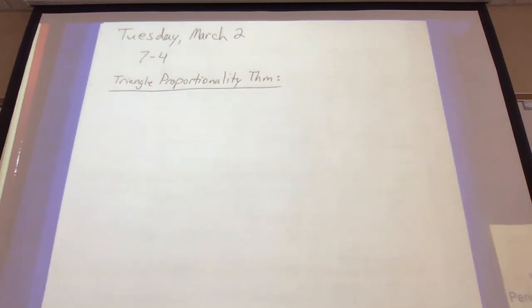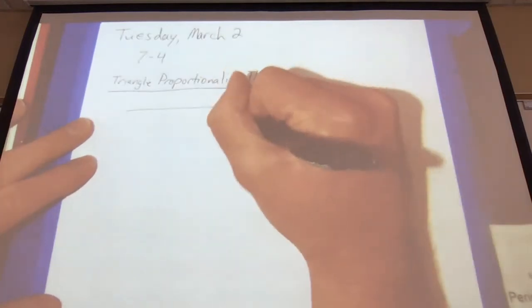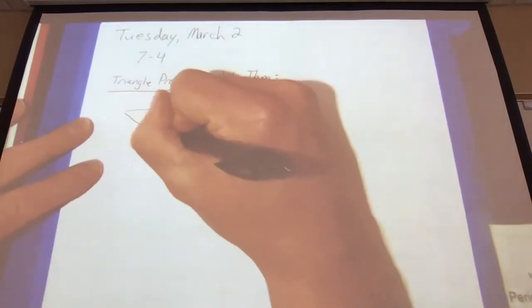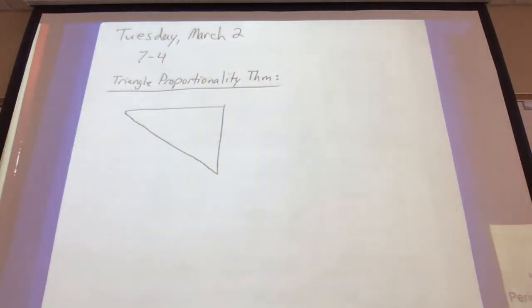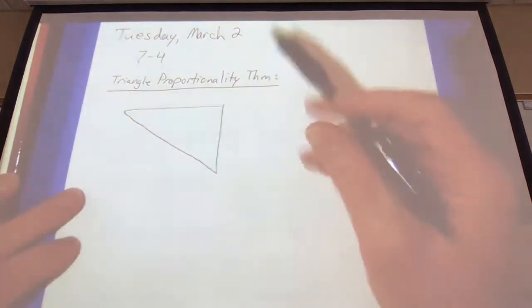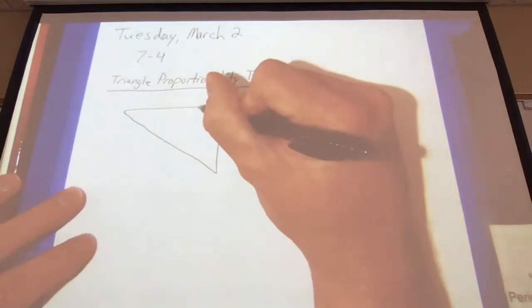We're going to do this theorem with just a picture. It's called the triangle proportionality theorem. So obviously we need a triangle. I'm going to draw the triangle like this. And in the triangle, parallel to one of the sides, it doesn't matter which side, I'm going to go with this side over here on the right.